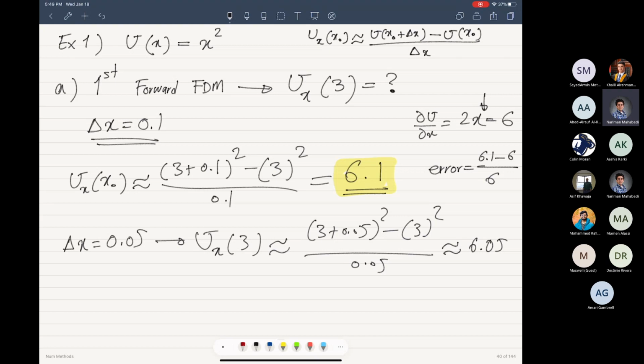So the error has really decreased by 50%. This is how you can sometimes decrease the step size to get a more accurate result. Any question?